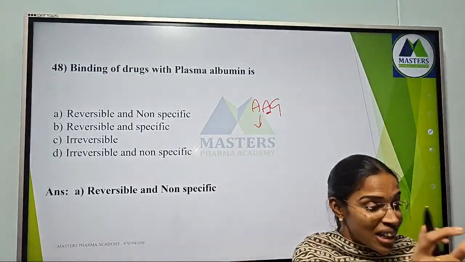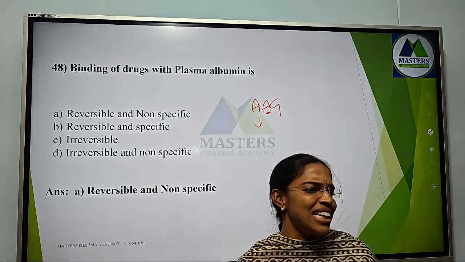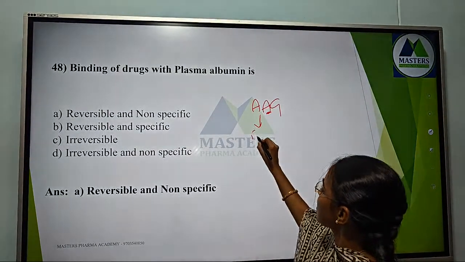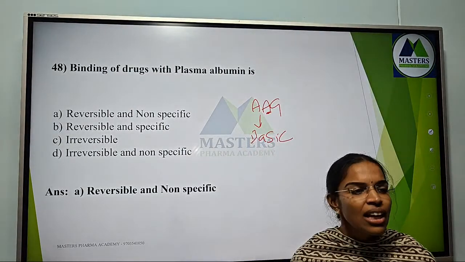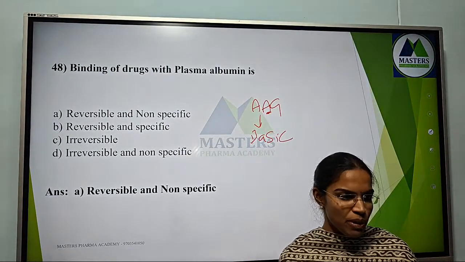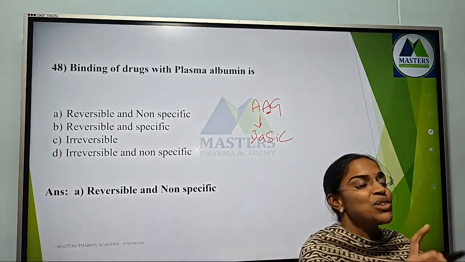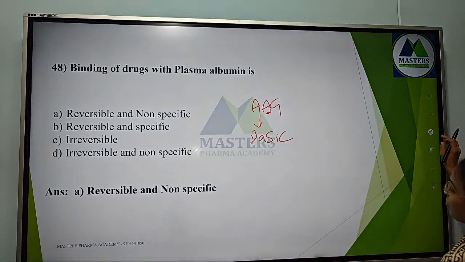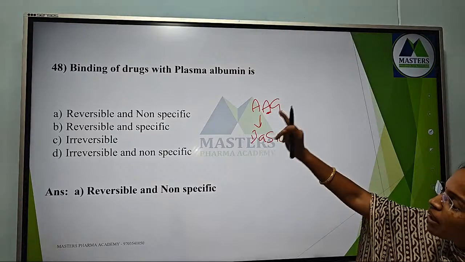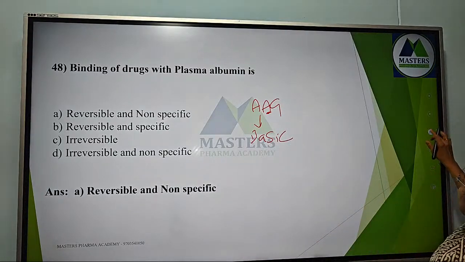Albumin also mostly binds acidic drugs, but it is slightly non-specific. It is not that specific. But AAG is specific. It binds only basic drugs. You remember this. So the answer is: binding of drugs with plasma albumin is reversible and non-specific.